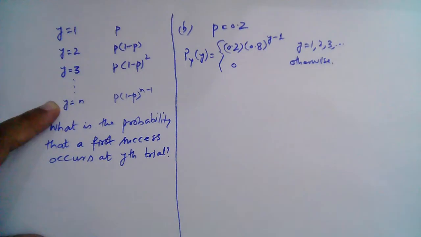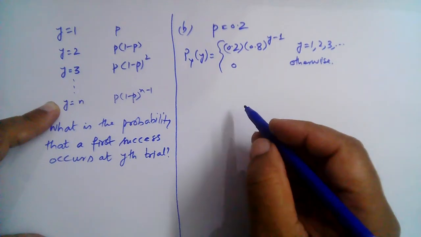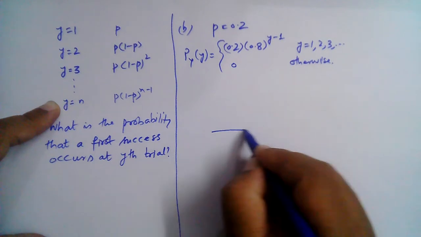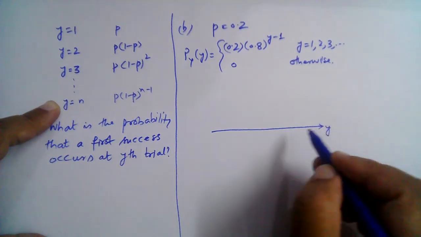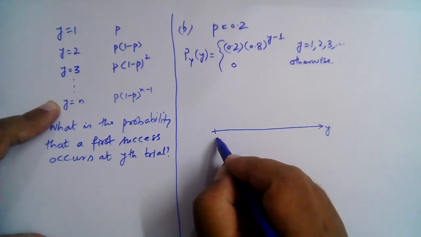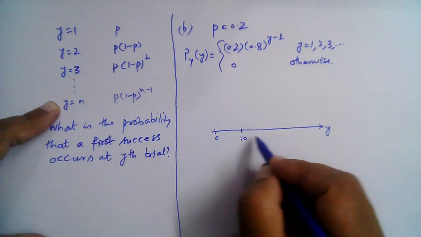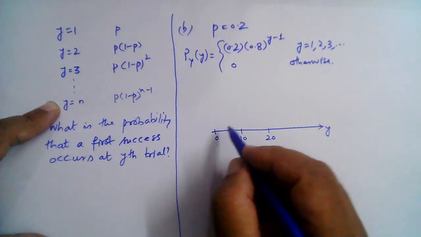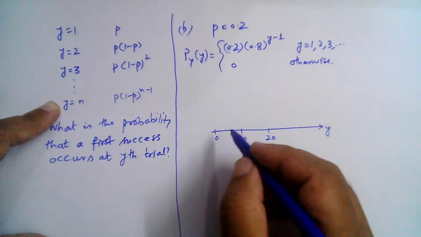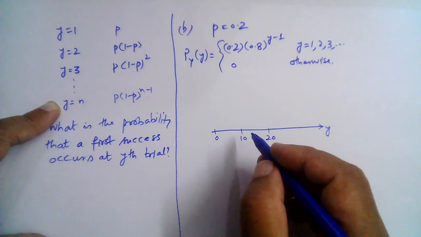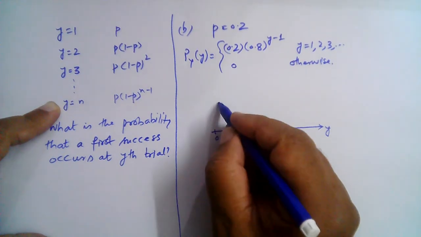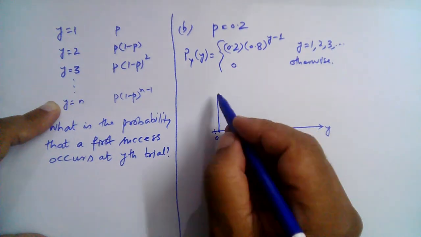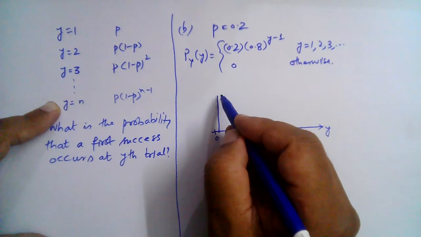And if we plot this distribution, we take y along this axis, suppose this is 0, this is 10, and this is 20, and at y equal to 1 the probability is 0.2, right?